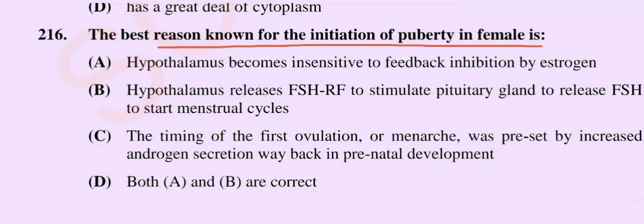Option C, the timing of the first ovulation or menarche was preset by increased androgen secretion way back in prenatal development. Option D, both A and B are correct. So the correct option is option B. Hypothalamus releases FSH releasing factor to stimulate pituitary gland to release FSH to start menstrual cycles is the correct option.